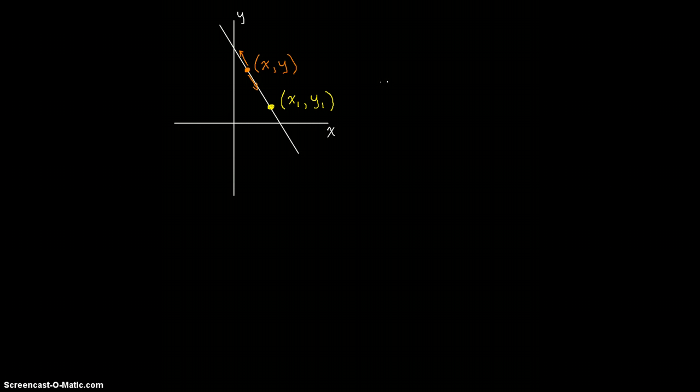Because I have 2 points on the line, I could figure out the slope, right? The slope is the rise over run, right? The change in y over the change in x. So let's do that. Let's say slope. This is the change in y, or the rise, over the change in x, or the run. And let's put some values to these points.